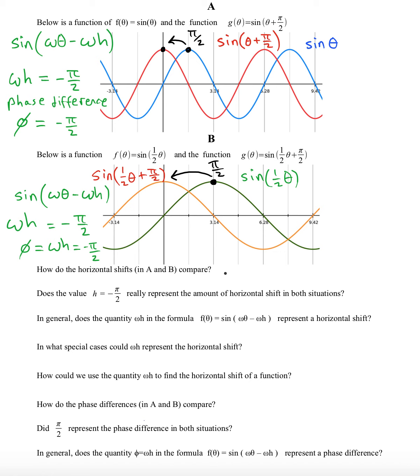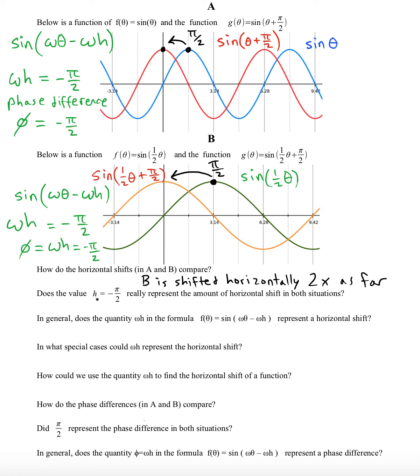The horizontal shifts are not equal. So B is shifted horizontally 2 times as far.